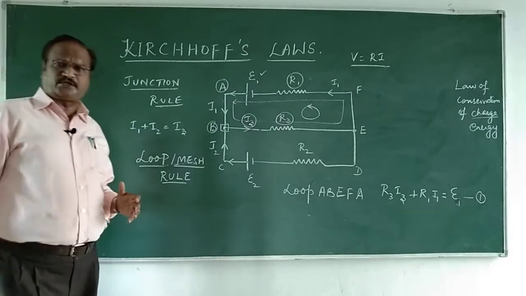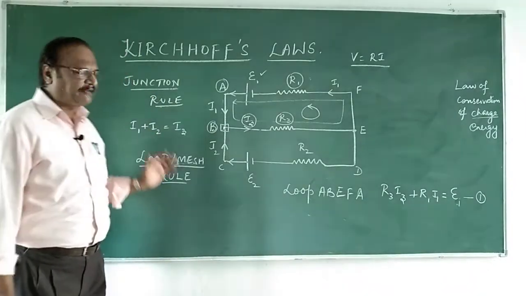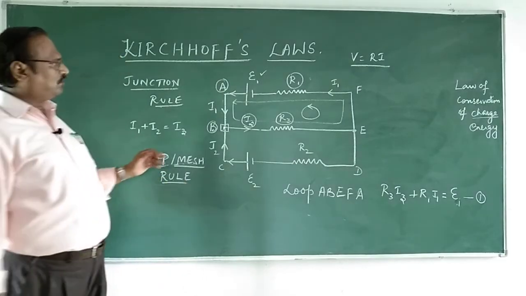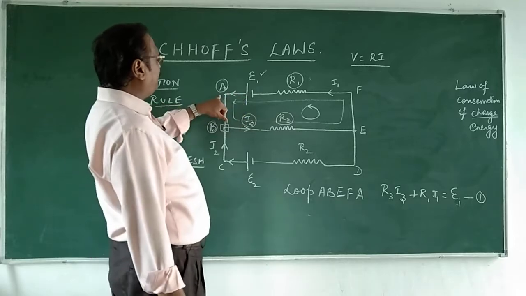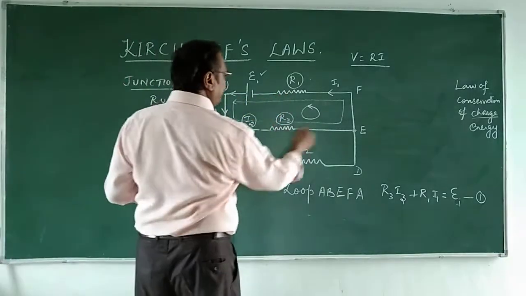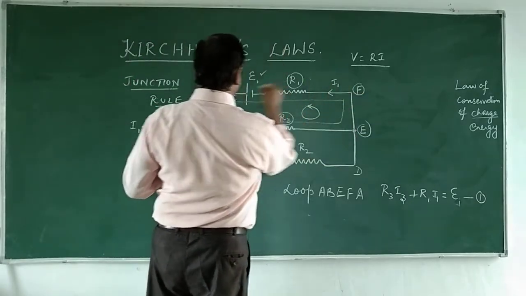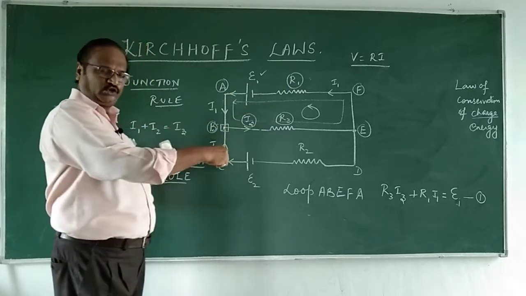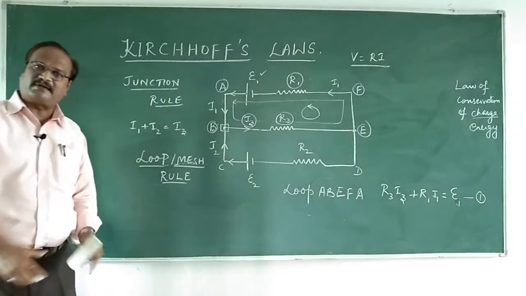Let me explain it to you again. I want to talk about the second rule, called the loop rule or mesh rule. In this loop rule, I start from one point. For my convenience, I take A, and I take a loop here, that is A, B, E, F, A. It's a closed loop, right? And what are all the changes in potential given by Ohm's law?